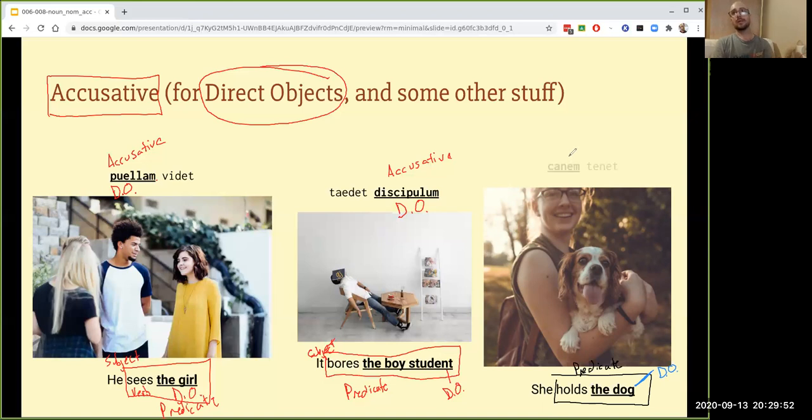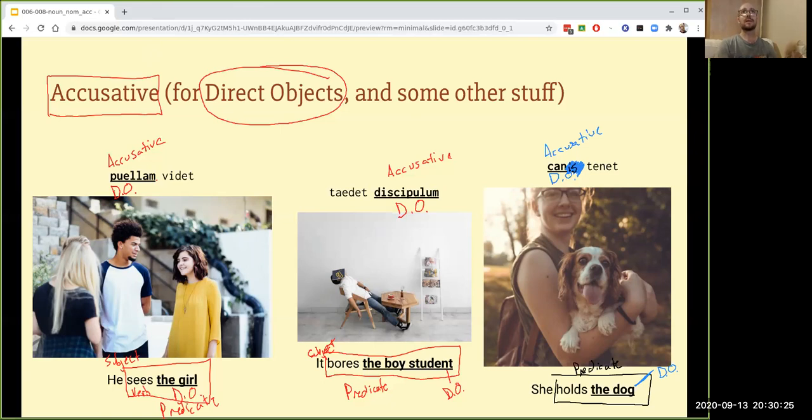What will tell us the relationships is the case. And our word for dog now, canem, is in the accusative case. And so we know that it is the direct object, even though it comes first in the sentence. Now, you may remember here, this word, when it was the subject, didn't sound like canem. This word sounded like canis when it was the subject.